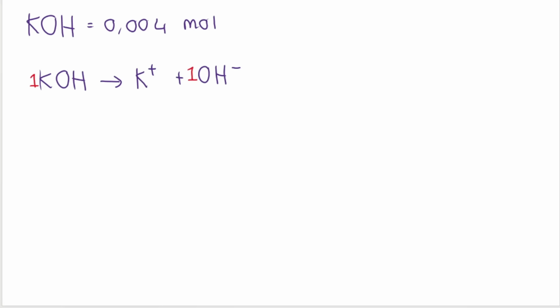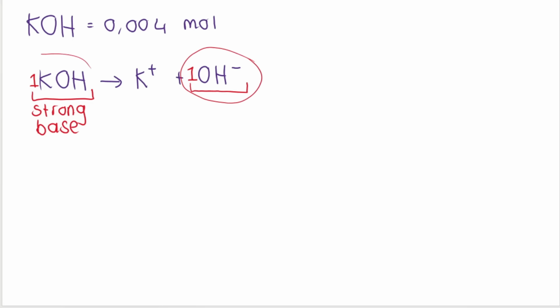What that means is that if I know the concentration of the base, then the concentration of the hydroxide ions would be exactly the same because it's a 1-to-1 ratio. Potassium hydroxide is also a strong base, which means it dissociates completely in water to form a high concentration of hydroxide ions.